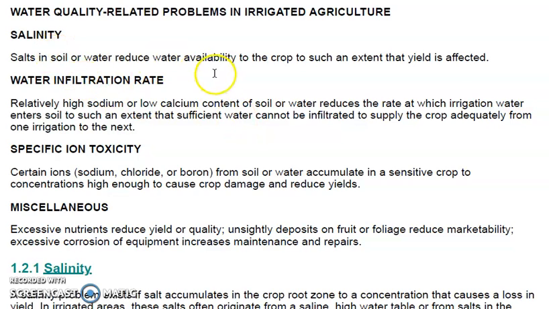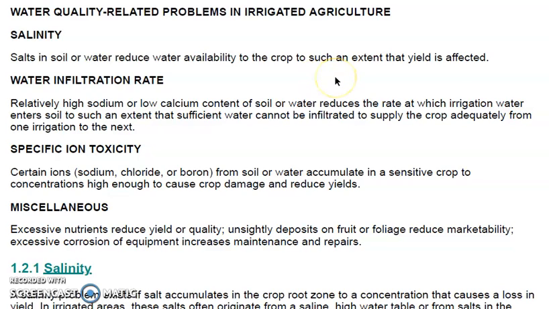Salinity has some symptoms like wilting or dark color on leaves and so on.